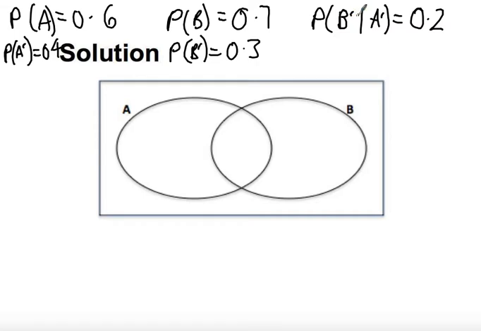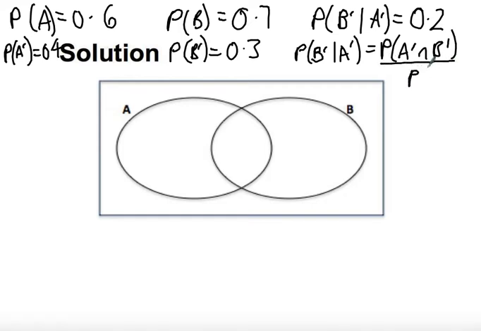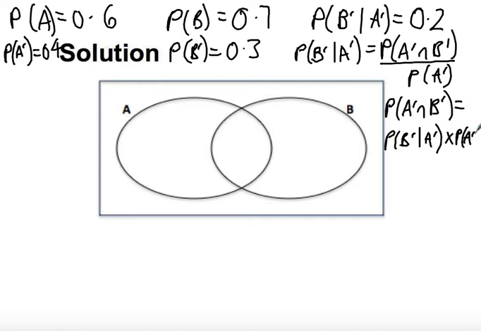So when I have probability of B complement given A complement, I can use that to find the intersect of A complement and B complement. So I can use the conditional probability formula so that I can find that the probability of A complement intersect B complement equals probability of B complement given A complement times the probability of A complement.